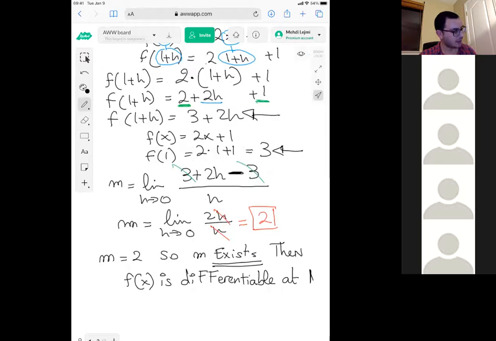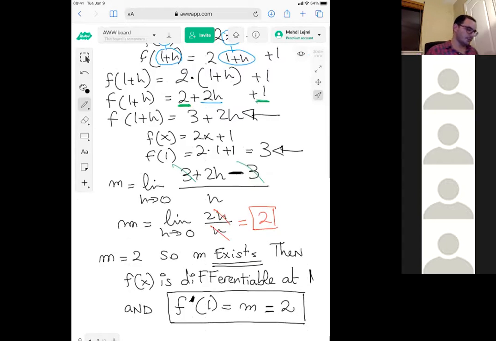And f prime of 1, by definition, is equal to m, and this number m turns out to be equal to 2, right? So if your m is a finite number, then it exists and your f would be differentiable.